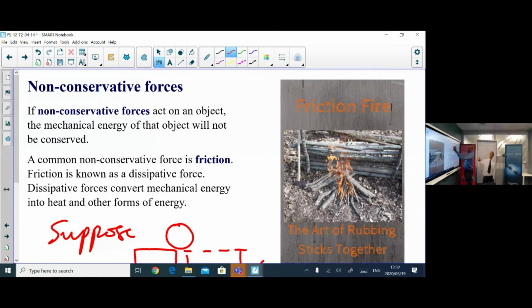If a conservative force acts on an object, the mechanical energy of that object is conserved. I talked about the gravitational potential energy because when it comes to mechanical energy, you have to think about these two: it equals the sum of the gravitational potential energy and the kinetic energy.